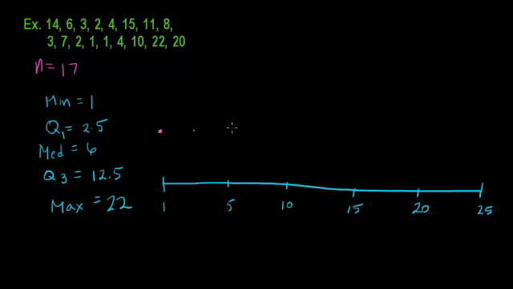I'm just going to put a dot for now. The median is at 6, so that would be right here, just past the 5. And Q3 at 12.5, which would be right between 10 and 15. I'm putting these kind of in a line here just to keep it straight. And then my maximum is 22, so not quite halfway between 20 and 25.